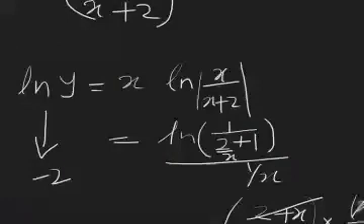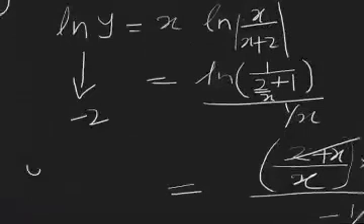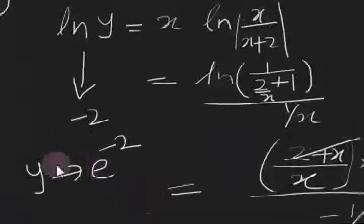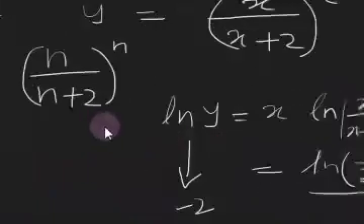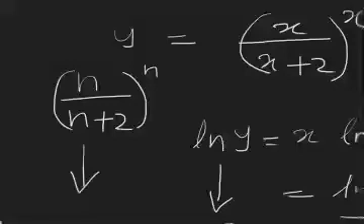That means y goes to e to the -2 as x tends to infinity. That means this one is also going to e to the -2 as n tends to infinity. Both are the same, right?